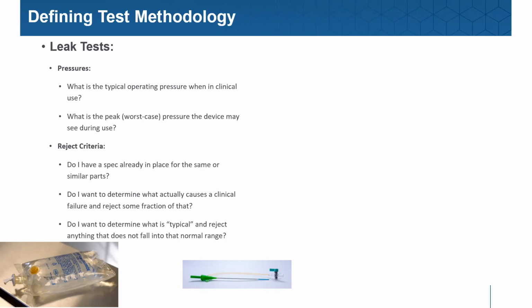That is based upon testing a multitude of parts that are known as non-leakers, and then creating a pressure change band of typical good and rejecting anything that falls outside of that, which may or may not actually be a real world failure. This, for better or for worse, is the most common we run into in the medical device industry.